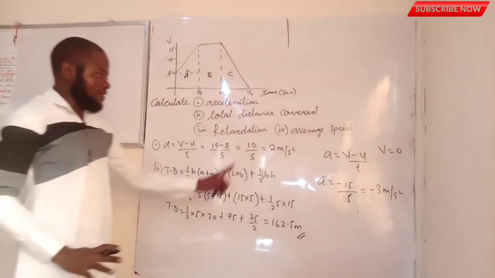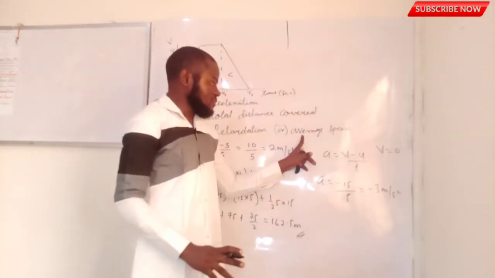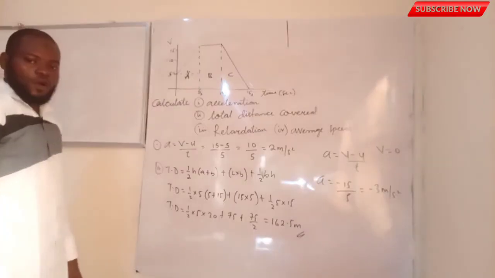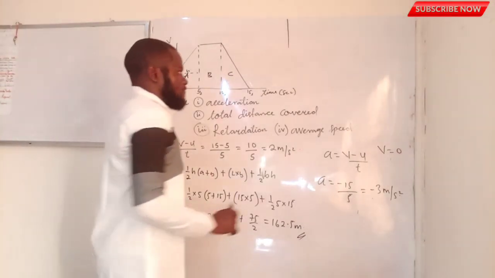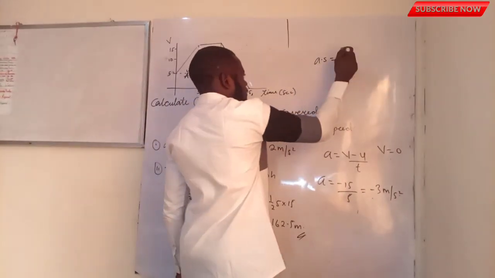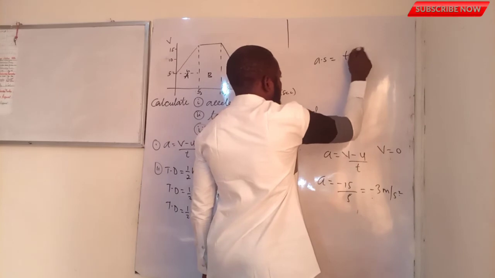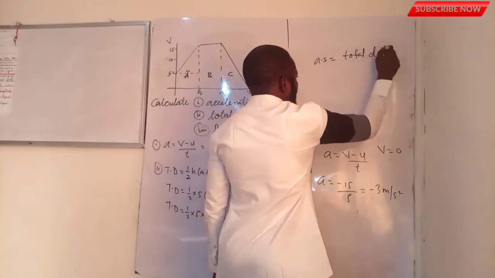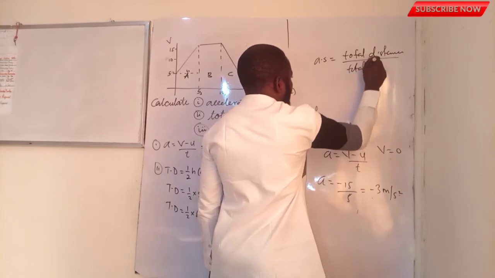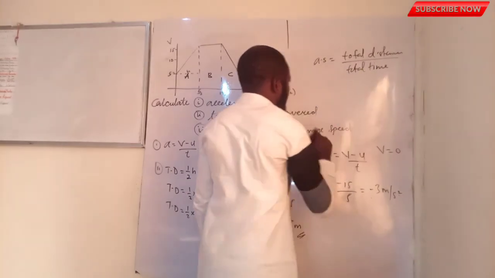What's the next thing they ask us to calculate after retardation? Average speed. So we're looking for average speed. Average speed is given as the total distance all over total time taken.